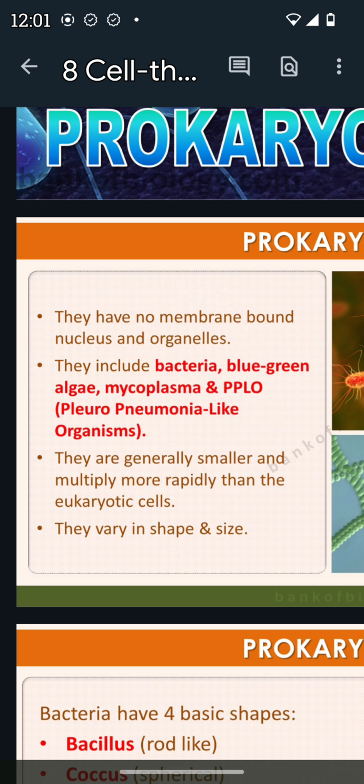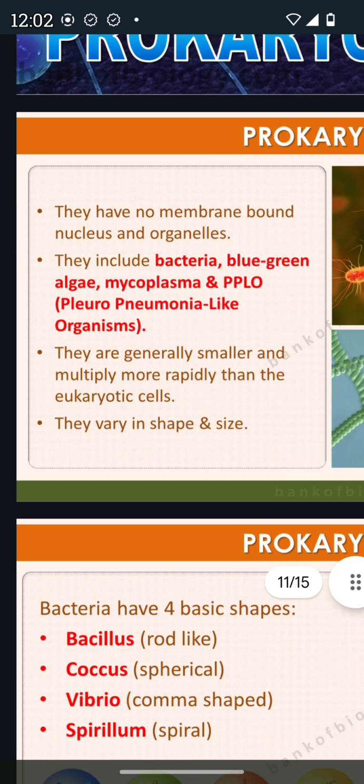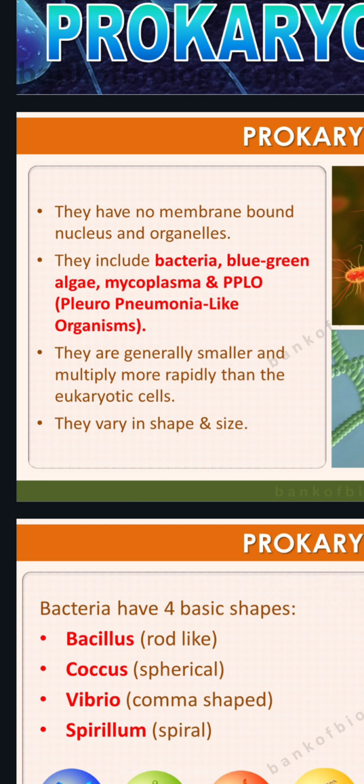Prokaryotic cells don't have these. The organisms we find here include bacteria, blue-green algae, which can perform photosynthesis, and mycoplasma, also called PPLO, pleuropneumonia-like organism. This organism causes pneumonia. They are generally small and multiply more rapidly than eukaryotic cells.